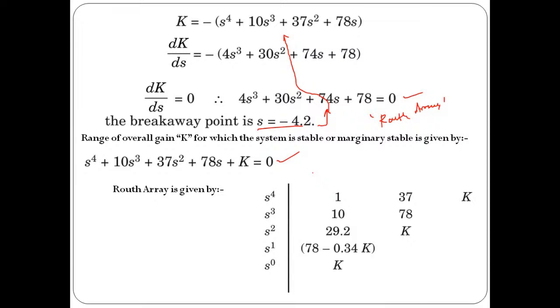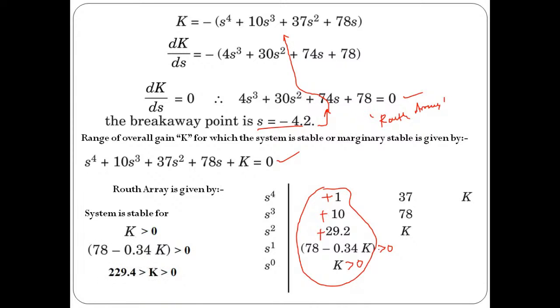According to the Routh-Hurwitz criteria, a system is said to be stable if all the elements in the first column of the Routh array have the same sign. So this is plus, this is plus, this is plus. For the system to be stable, this must be greater than 0, and this also must be greater than 0.